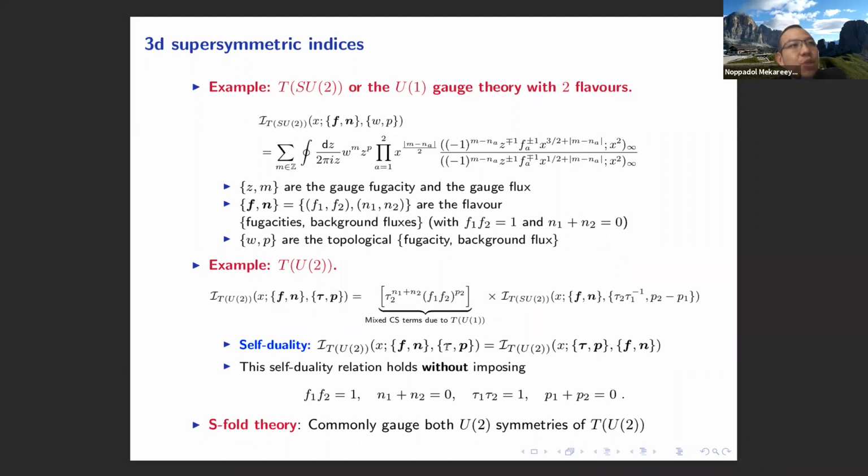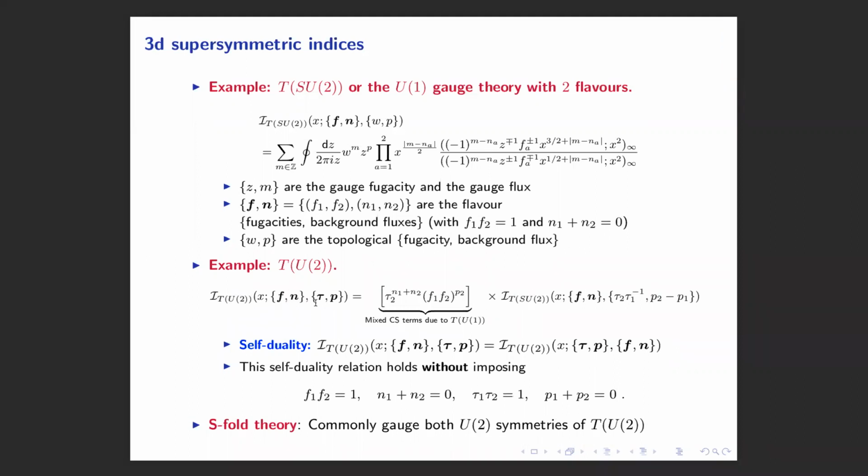You can swap the topological fugacity and fluxes with the flavor fugacity and fluxes, such that you don't have to impose the condition on the SU(N), or in this case SU(2). It's true without this condition. You can just swap, and this factor comes out. If you look at it, it's a mixed Chern-Simons term between the topological and the flavor symmetry. Now, for the S-fold theory, you just commonly gauge both U(2) symmetries in this partition function.